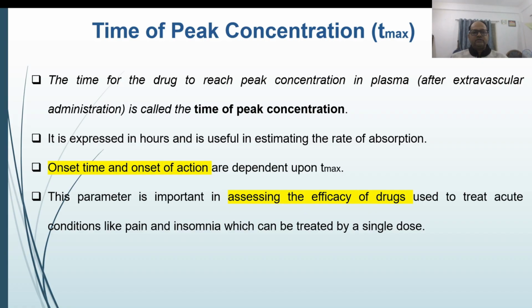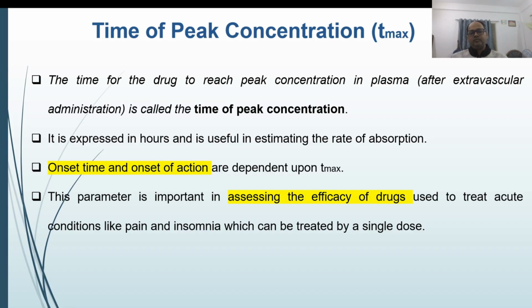Onset time and onset of action are dependent upon Tmax also. And this parameter is important in assessing the efficacy of the drug. It is to treat acute conditions like pain, insomnia, which can be treated by a single dose. So acute conditions like pain and insomnia require quick actions.